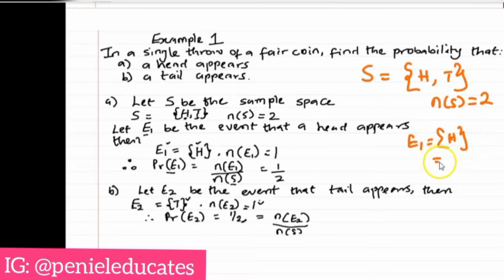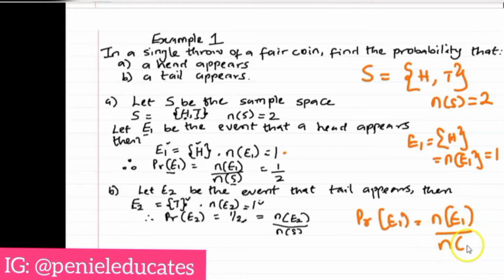The number of elements in E1 can only be 1. So don't forget, the probability of E1 will be the number of elements in E1 over the sample space.